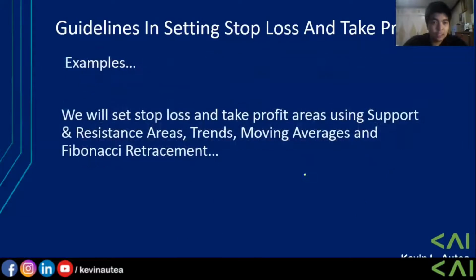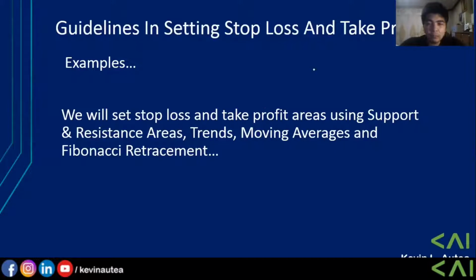So here, I will do some examples. I already pre-selected 10 stocks for us to identify in the near short term what the possible trends are. Let's try to investigate what happened before, so what we'll do is set up stop loss and take profit.